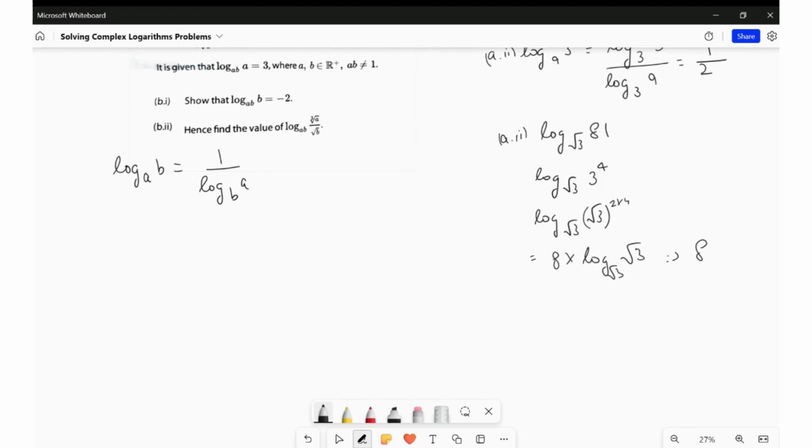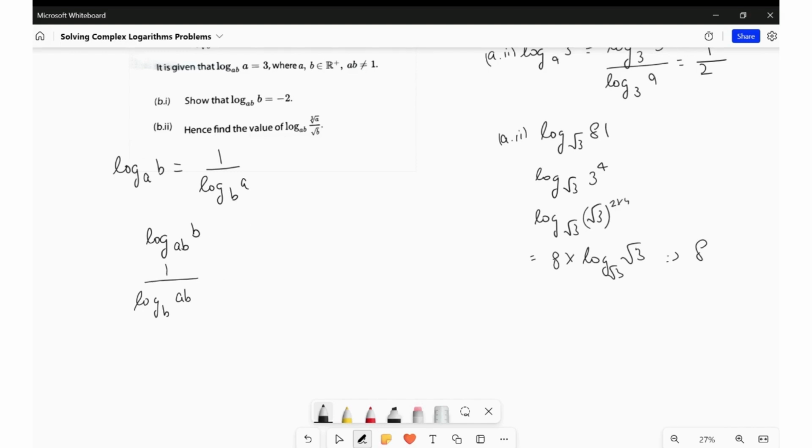Now for showing this, we need to show that log b base ab is minus 2. For this, we'll simplify this. So we'll write it as log ab base b. Now we'll not write minus 2, although I wrote it here by mistake, because we need to show this. We are not given this.